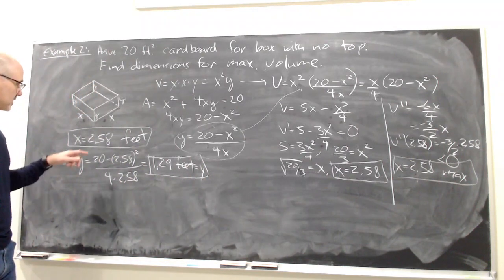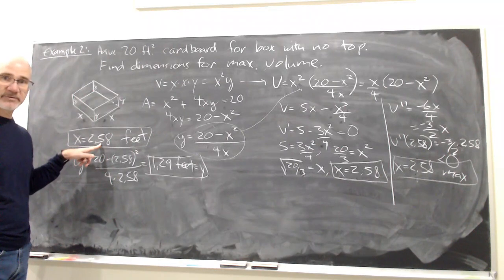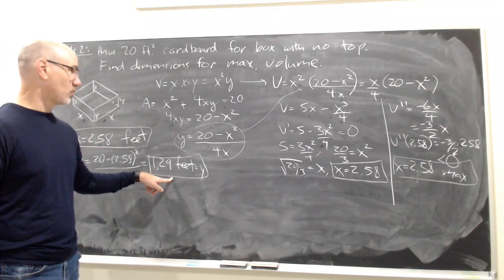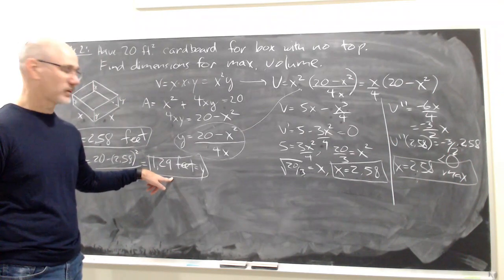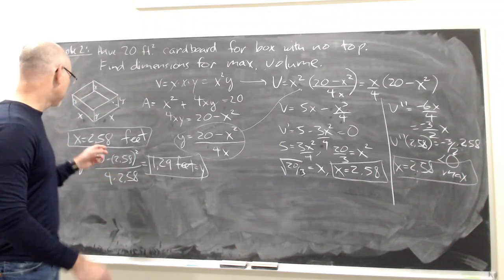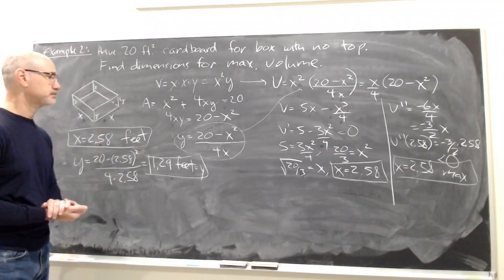And what that means is that the base, right, is basically a 2.5 foot square, and then the height of the box is about 1/2 of what the base would be. All right. So if you had 2.5 foot by 1 1/4 foot tall.